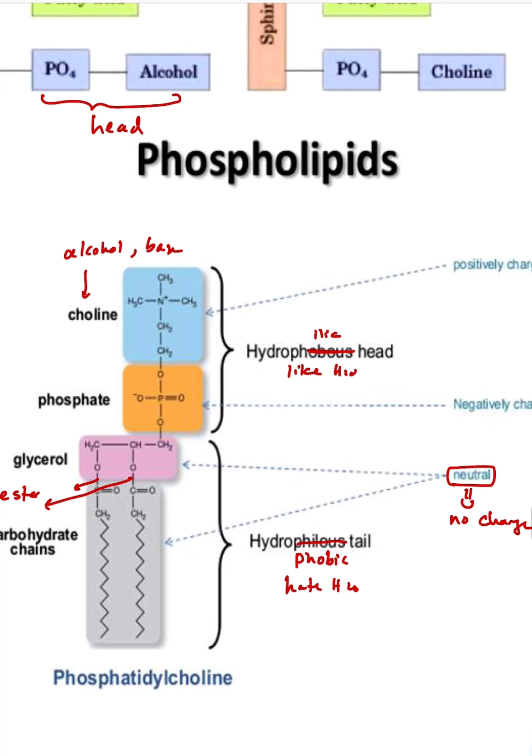One example is choline. I write all of them: it can be choline, serine amino acid, inositol, or ethanolamine.